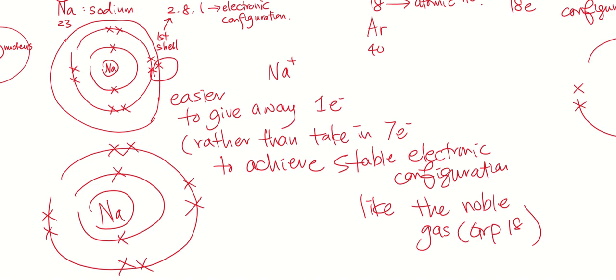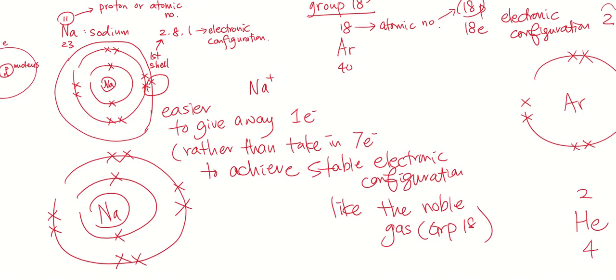Now, how many protons are there inside the nucleus? What's the atomic number? Let's see. 11. How many electrons do we have? 1, 2, 3, 4, 5, 6, 7, 8, 9, 10. 10. Number of protons more than electrons, right?